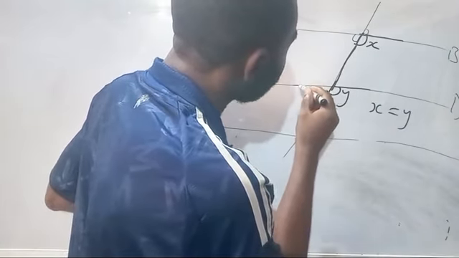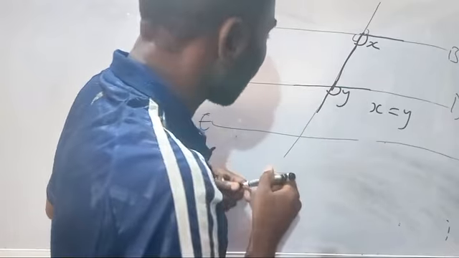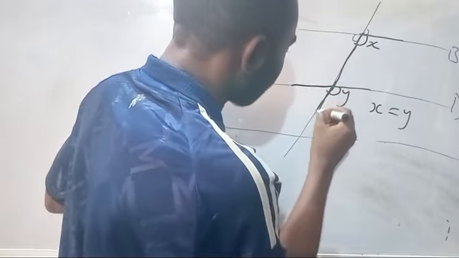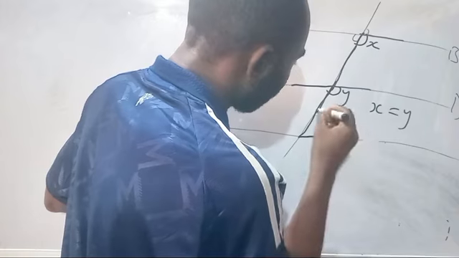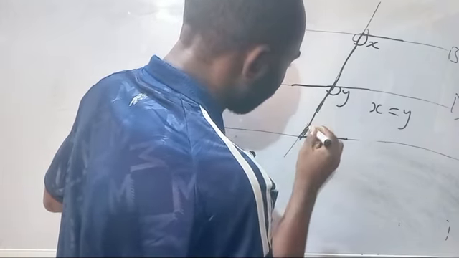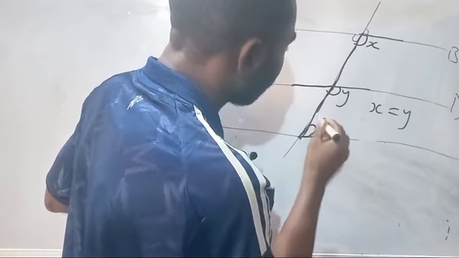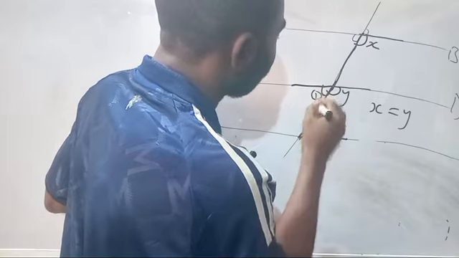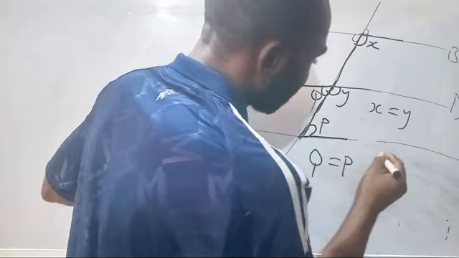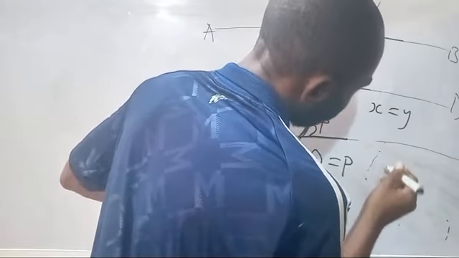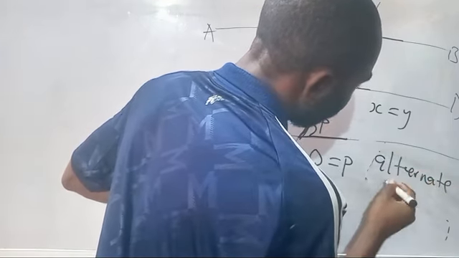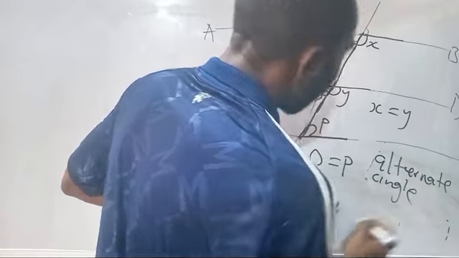When you have parallel lines, and you have drawn a transversal, you see something like a Z shape. So you have something like Z. So if here is P and here is Q, which means Q is equal to P. Reason, alternate angles are equal.